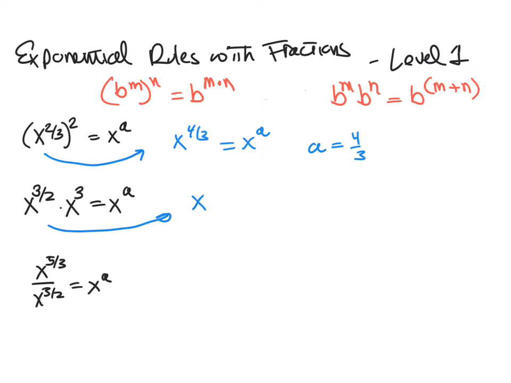We're going to get x to the 3/2 plus 3, which is x to the 3/2 plus 6/2 equals x to the 9/2. So in that case, again, remember, because this is x equal to x raised to the a power, we can say that a equals 9/2.